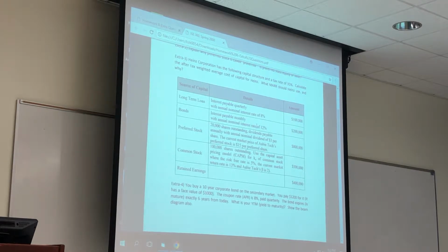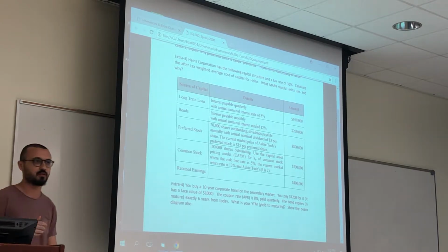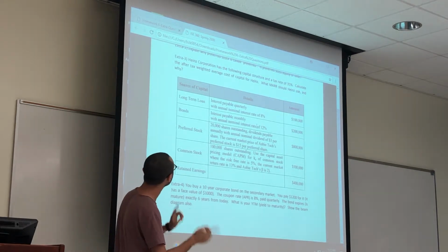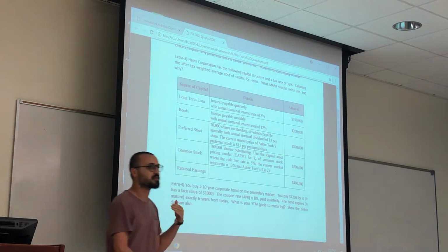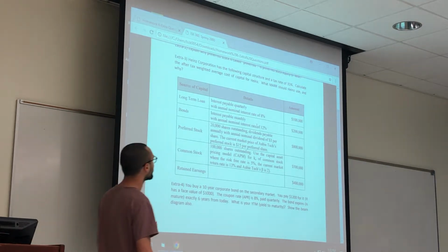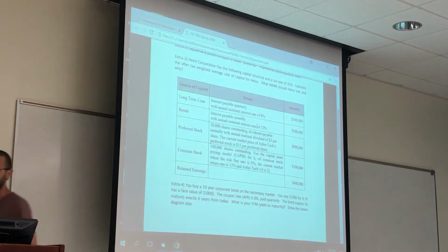So, let's start with the WACC. What does WACC mean? WACC is weighted average cost of capital. So when we say weighted average, we're going to weight the averages, and we're going to have some components. Let's break it up.